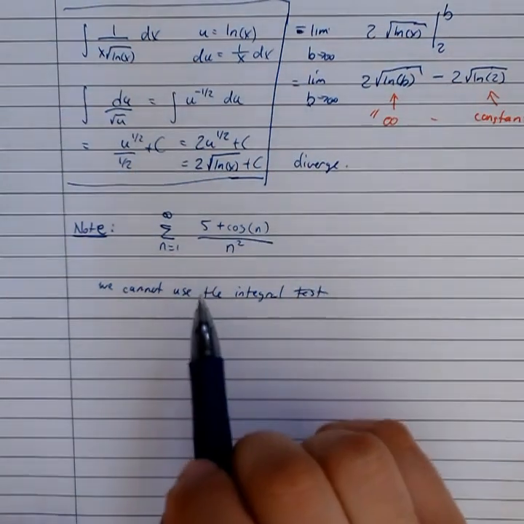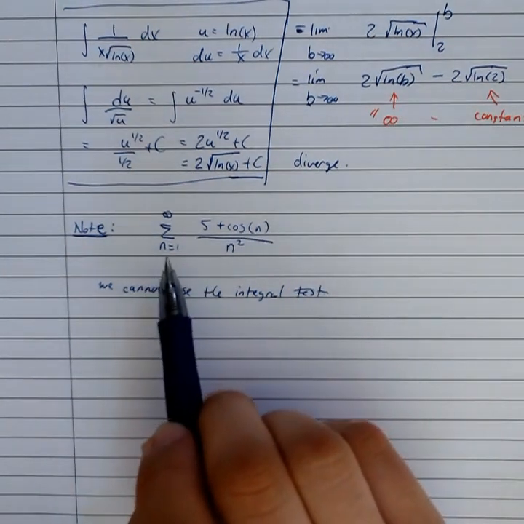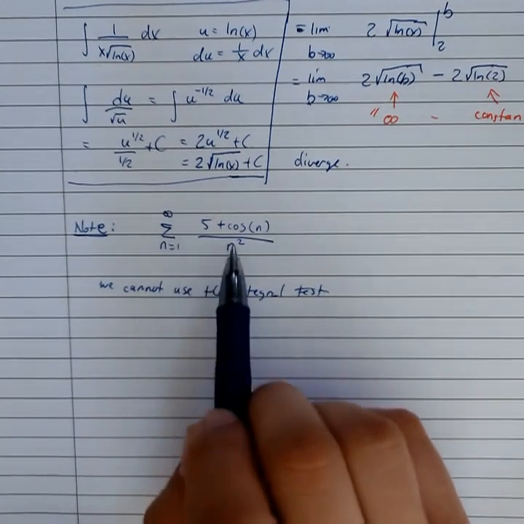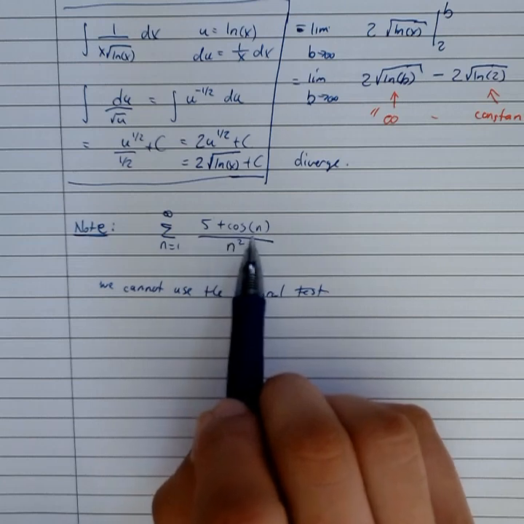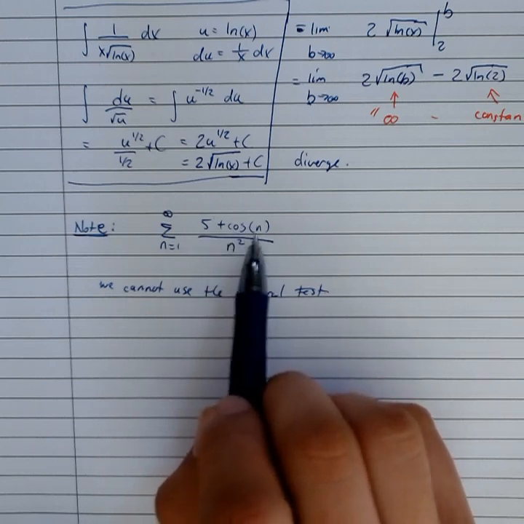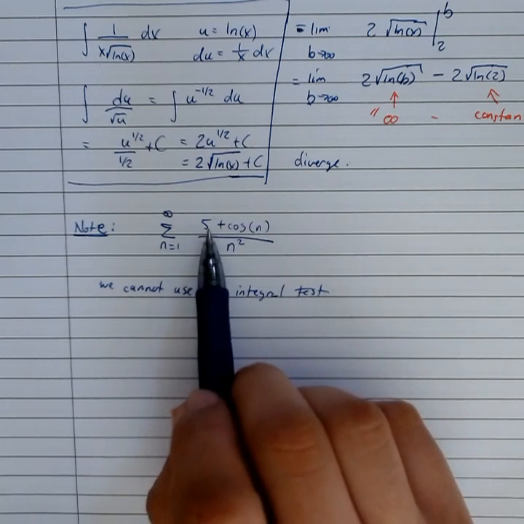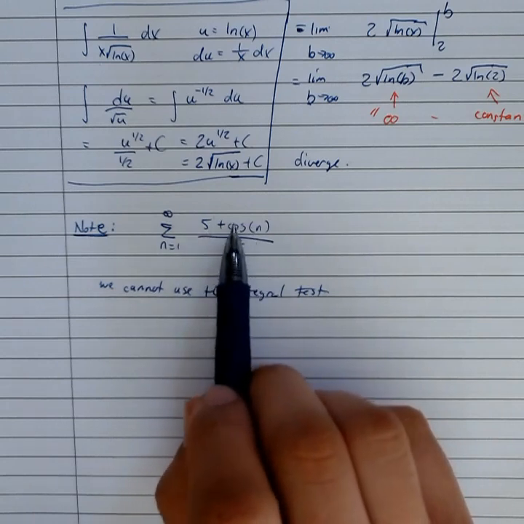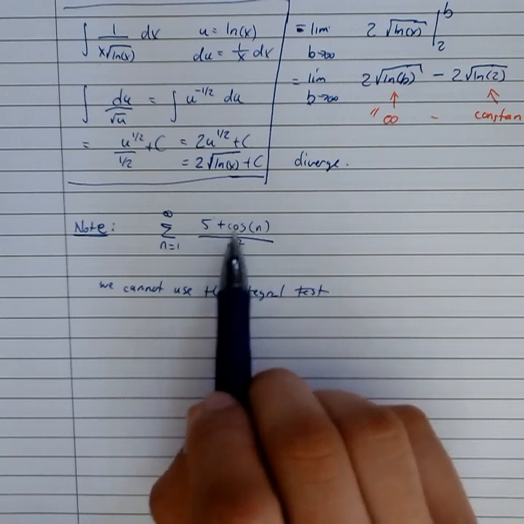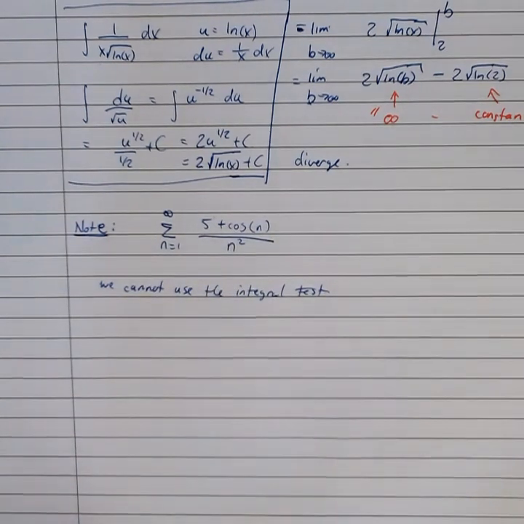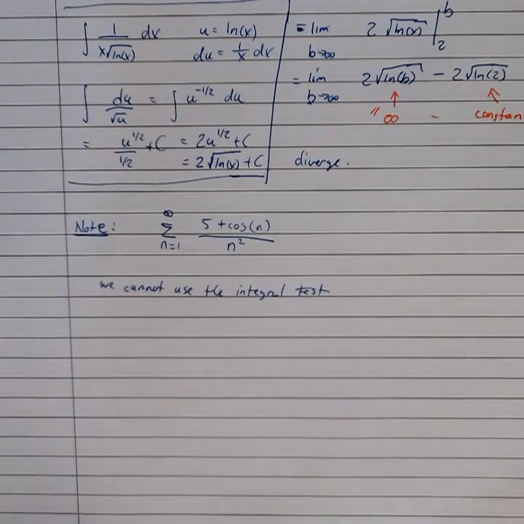Why not? Well, let's see. Anytime I plug in a number that is greater than 1, here this would be a positive number. Cosine might be positive or negative, but we know it's got to be between -1 and 1. And if we add 5 to a number between -1 and 1, we're going to get a positive number. Okay, so a positive number over a positive number. Okay, that's fine.